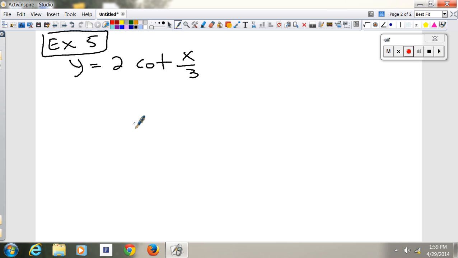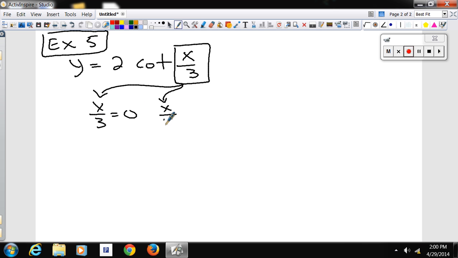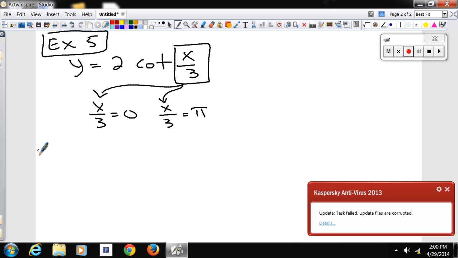Where is cotangent undefined? 0 and pi. So I need to take this amount and set it equal to 0, and I need to set it equal to pi. I got to find out where my 2 dotted lines would be, and that's how I do it. Find out what would make it equal 0, where the dotted line is, and what would make it equal pi, where the other dotted line would be.